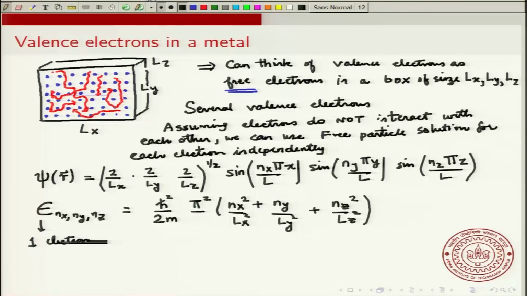Sorry about that. So, this is going to be the energy per electron.